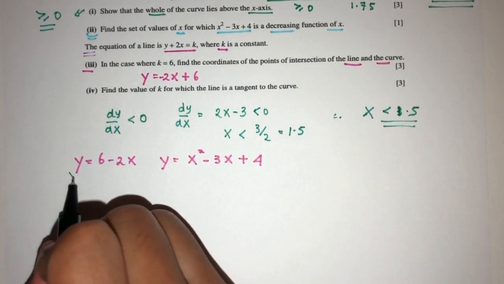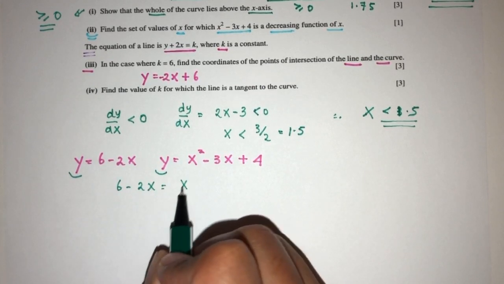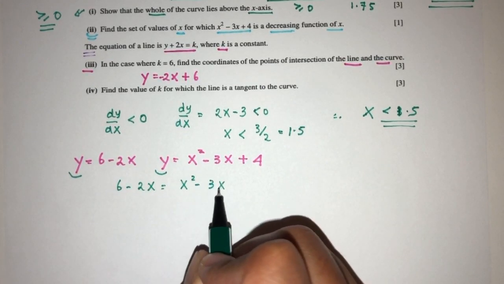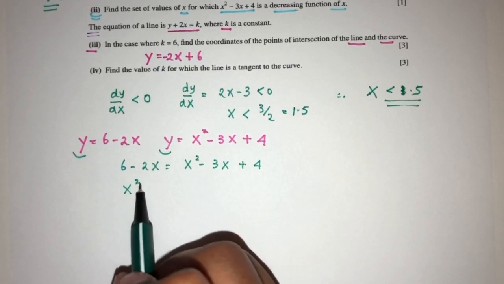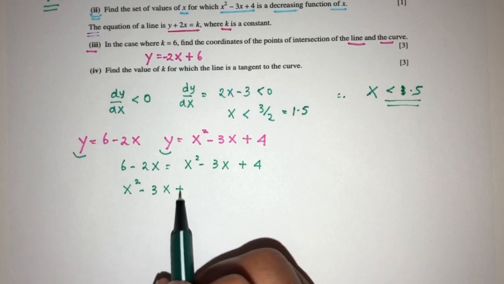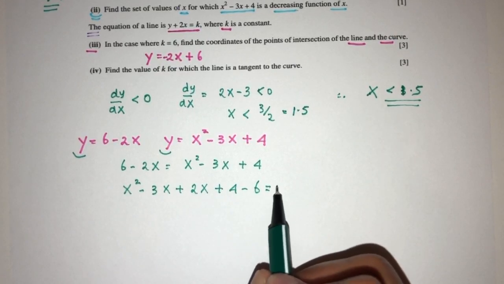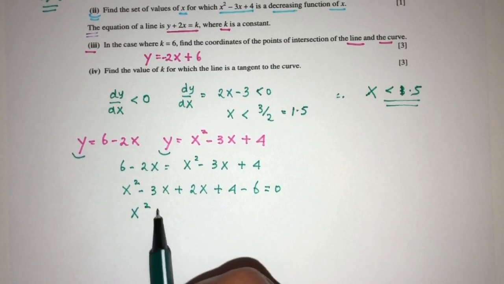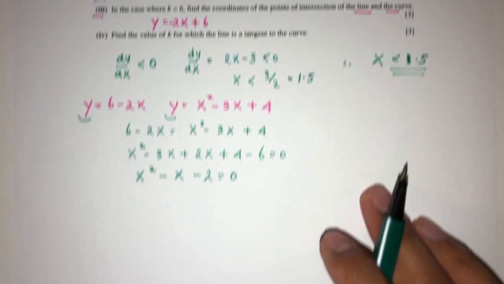Now here we have y and here we have y. Replace, you have 6 minus 2x. That should be x squared minus 3x plus 4. Let's send everything to one side. That will be x squared minus 3x plus 2x plus 4 minus 6. That will be x squared minus x minus 2 has to be 0.